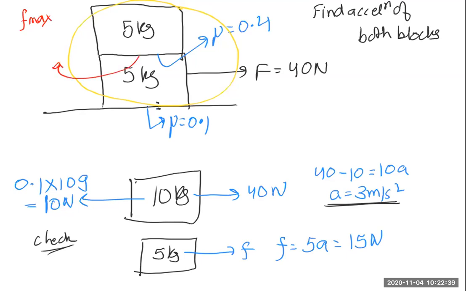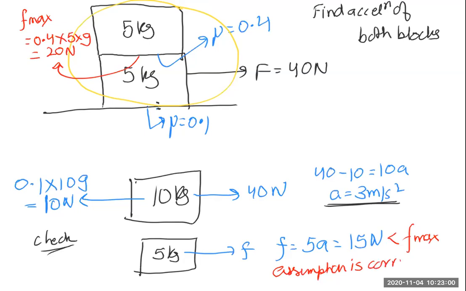F max will be equal to 0.4 into 5 into g, which is equal to 20 newtons. Right? So here we have F less than F max. Therefore, the assumption is correct. A is equal to 3 meters per second square.